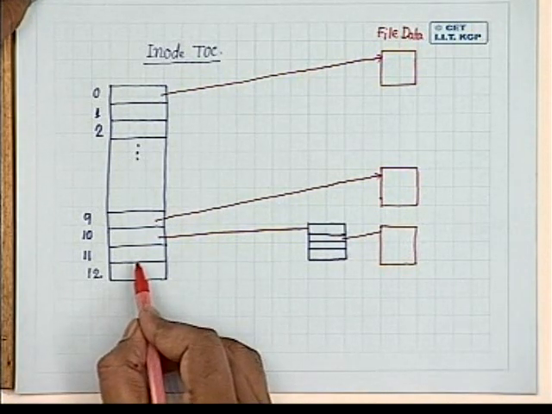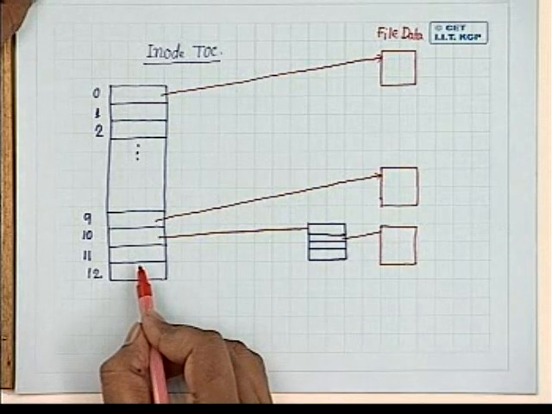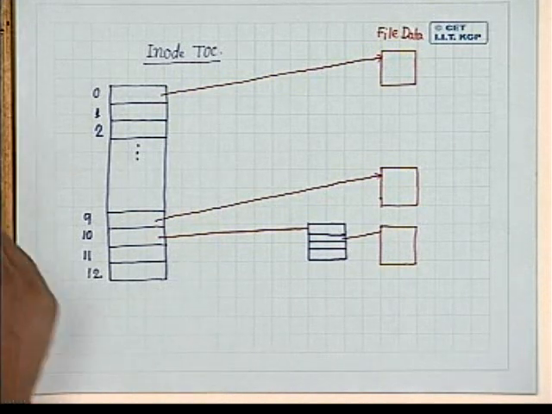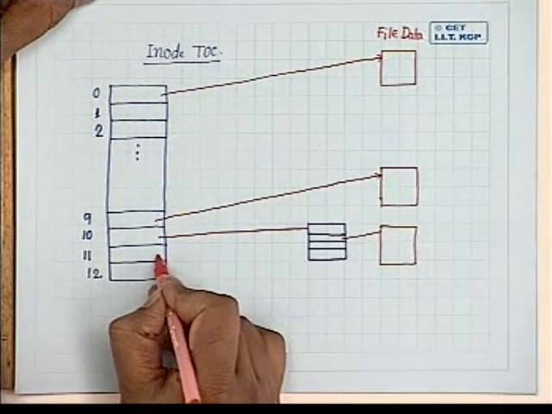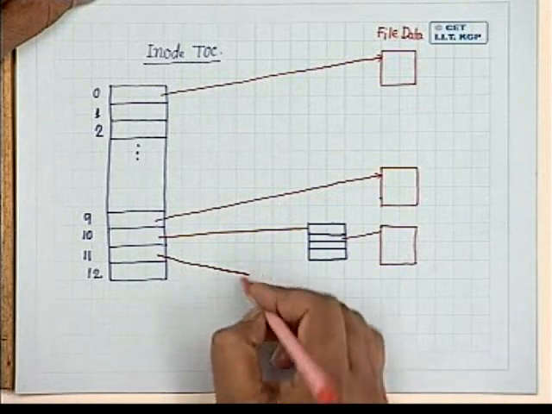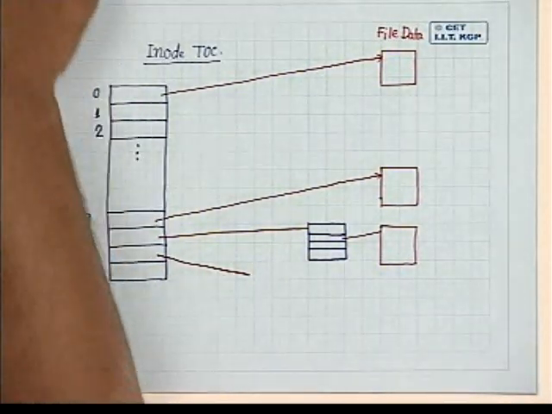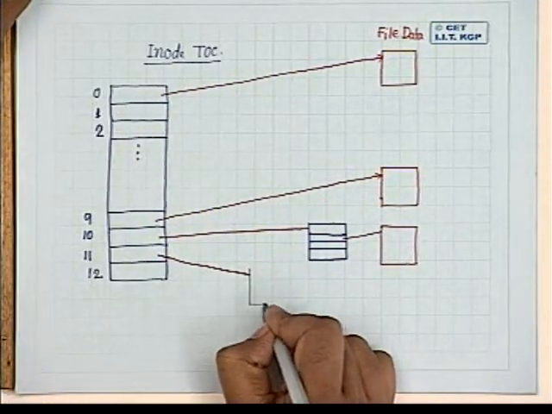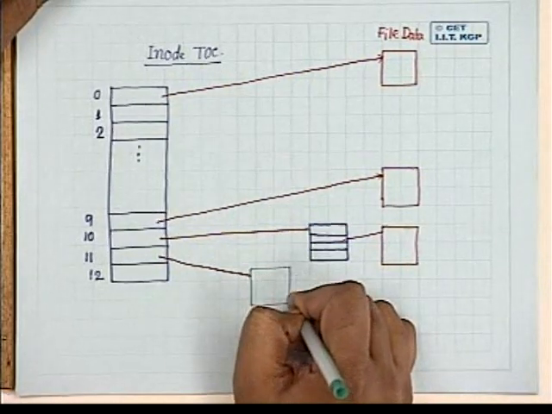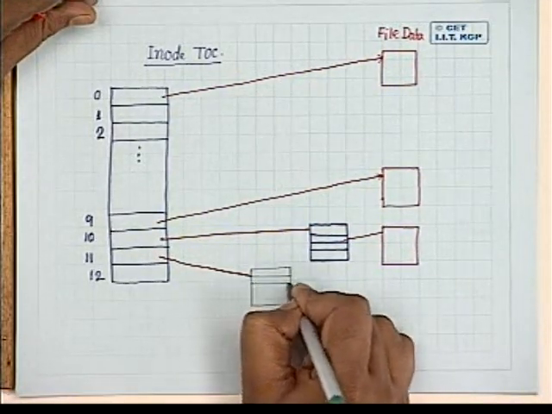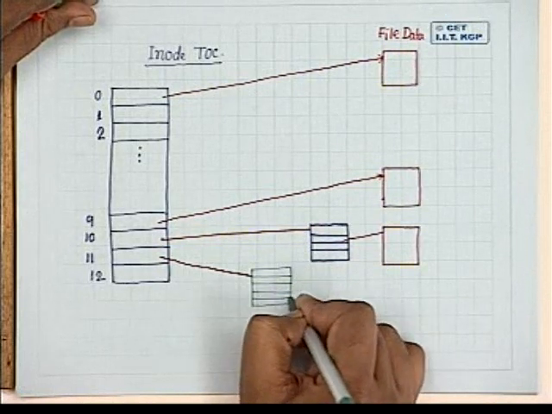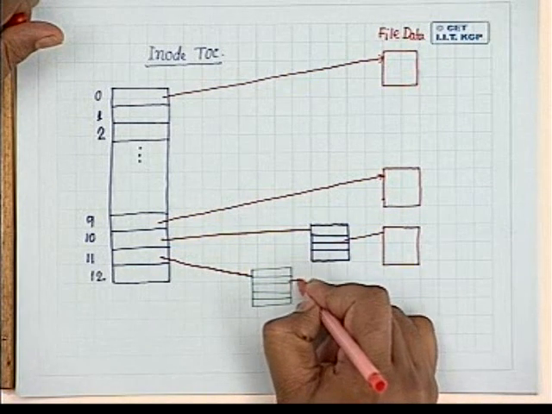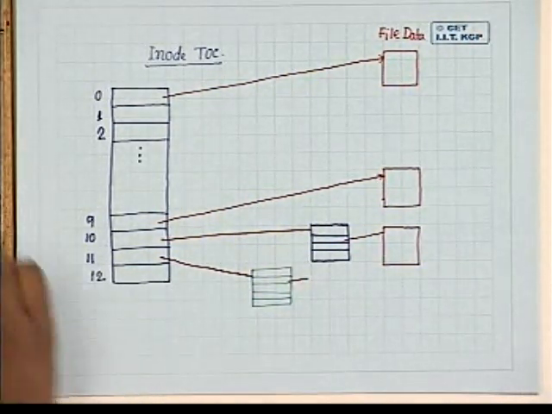Then the next entry, that is 11th entry, it is double indirect. Double indirect means that this entry contains the address of a block which contains a number of pointers. Each of these pointers point to a block which again contains a number of pointers.